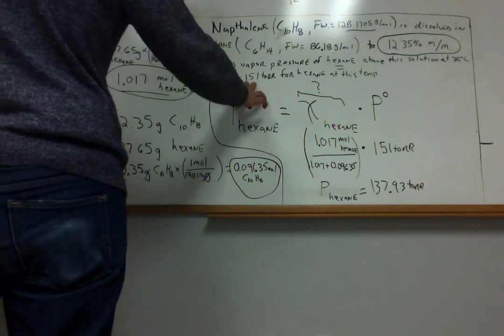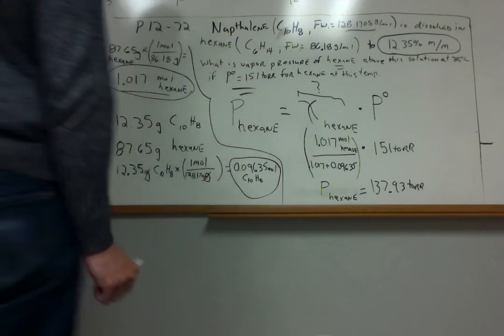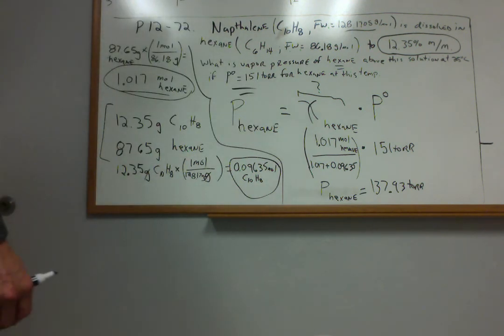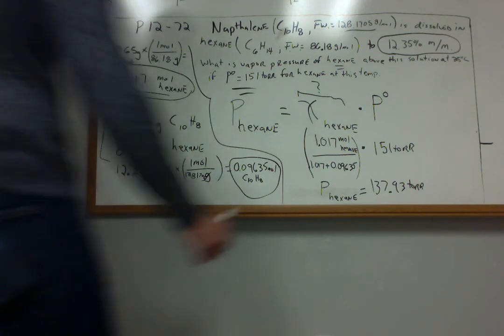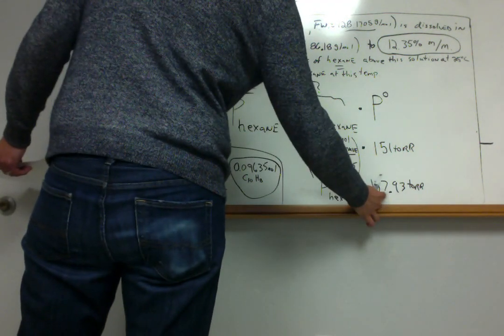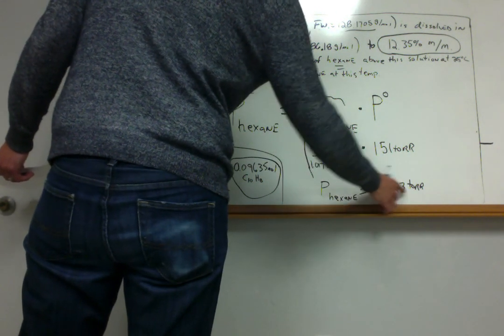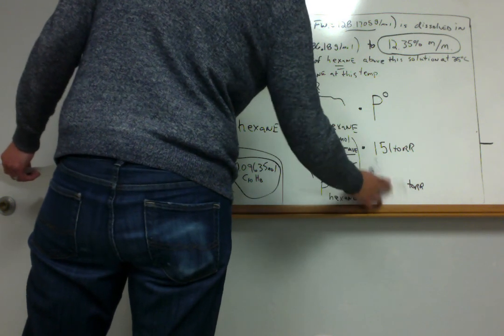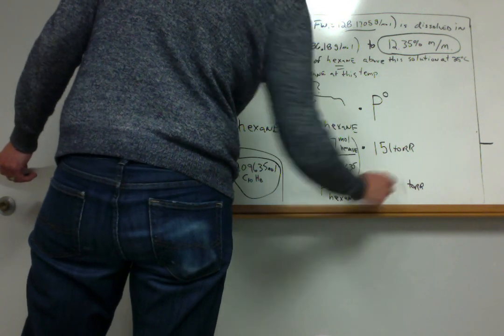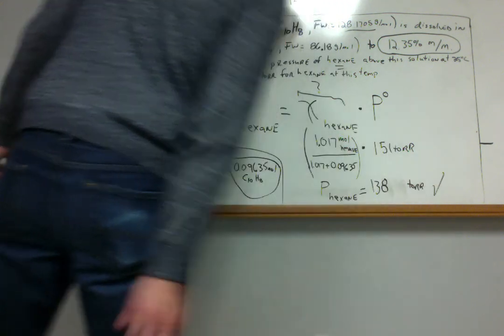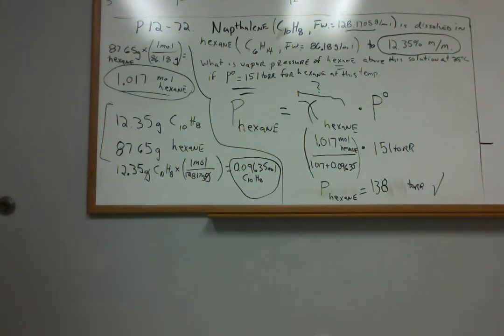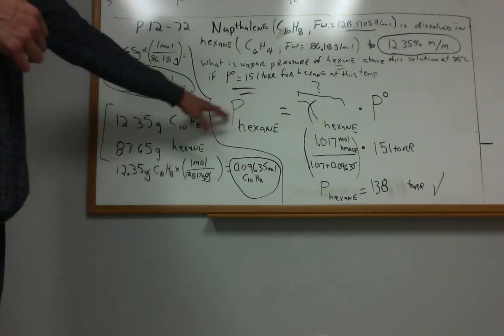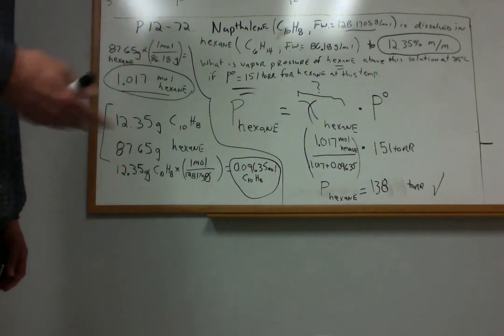However, it looks like we've only got 3 for our P0, so I might want to truncate my answer to 3 as a result. If I was doing 3 sig figs, I'd have to basically have this be my last digit, so this is 137.93. I'm going to round up to 138 and call it a day. So the vapor pressure of the hexane above this mixture is 138.